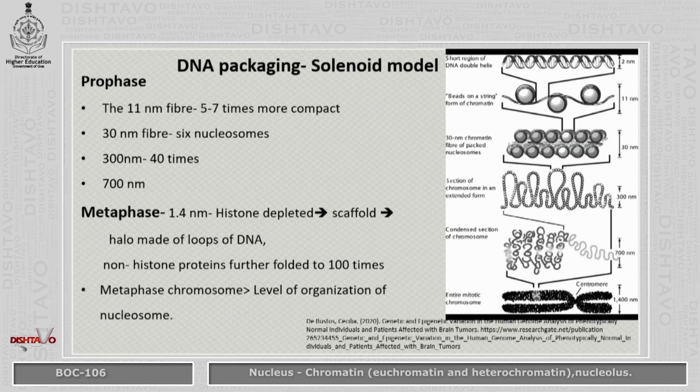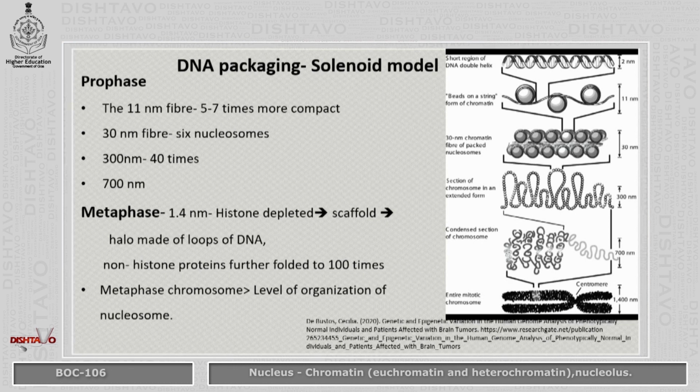The sequence of levels of organization which happens during this period is very complex. It starts with the prophase and ends with metaphase. As we begin, the chromosome is 2 nanometer wide, showing a DNA double helix structure.